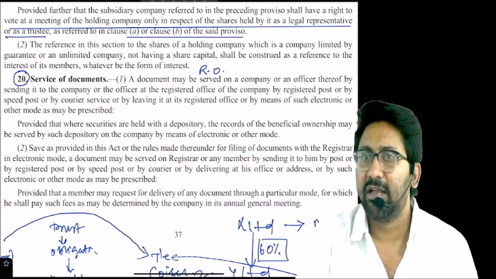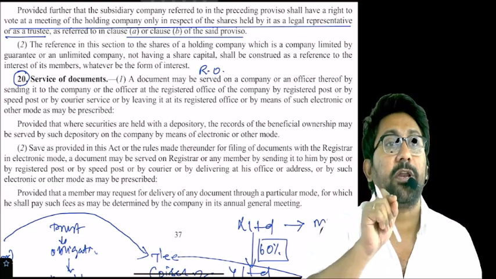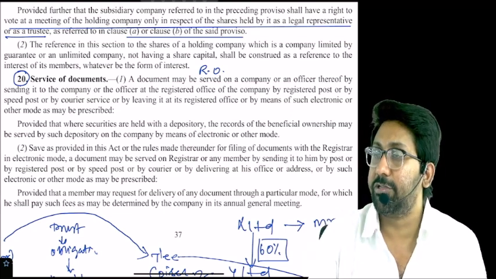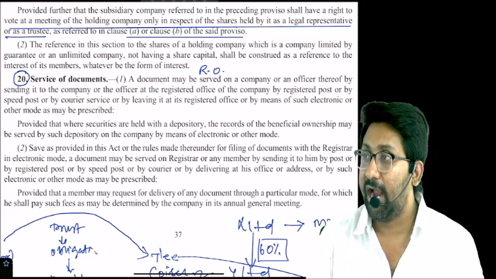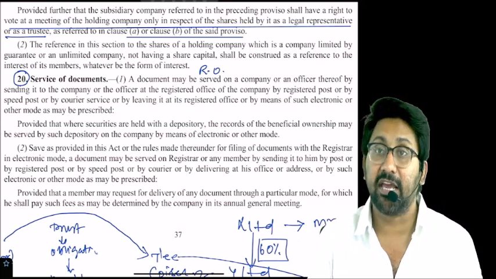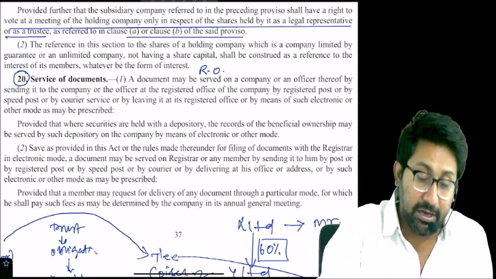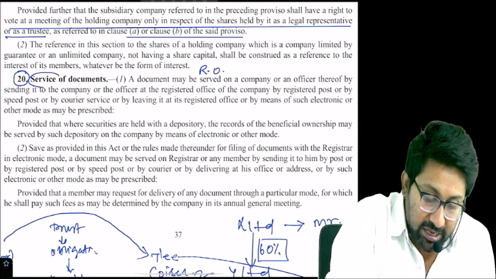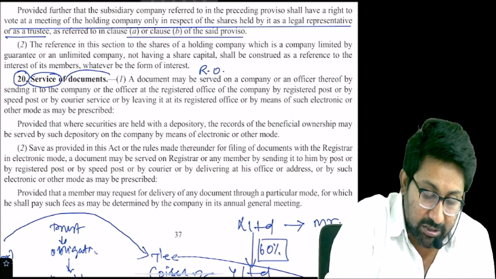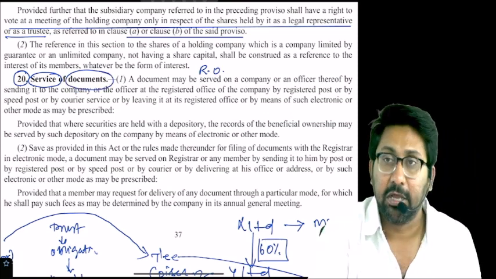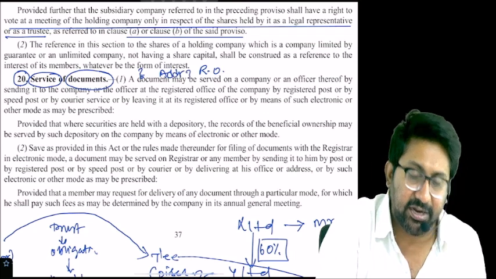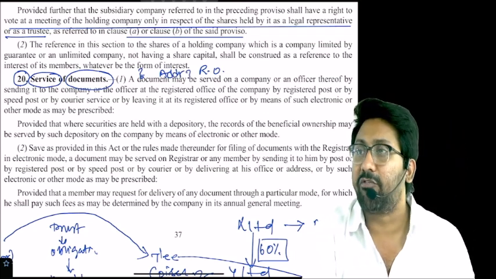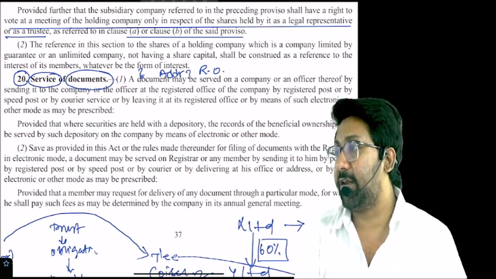In that case, at the time of incorporation itself, we should make the details of the registered office and the addresses of the directors clear, such that whenever the department wants to serve any kind of document on the company and the directors, to whom I should send it and to what address I should send it must be there from the date of incorporation itself.